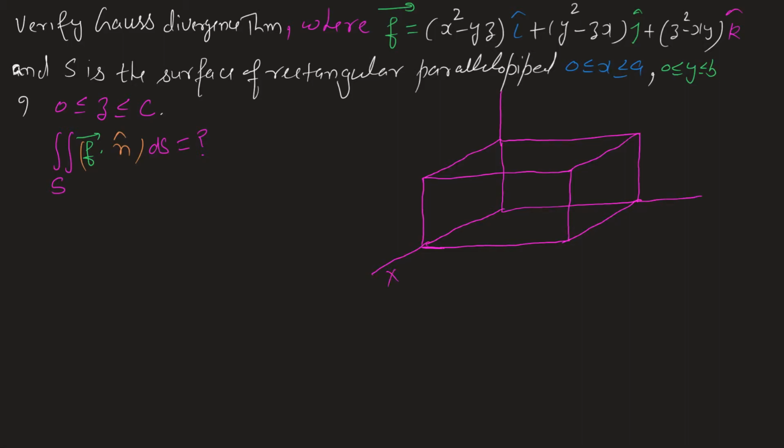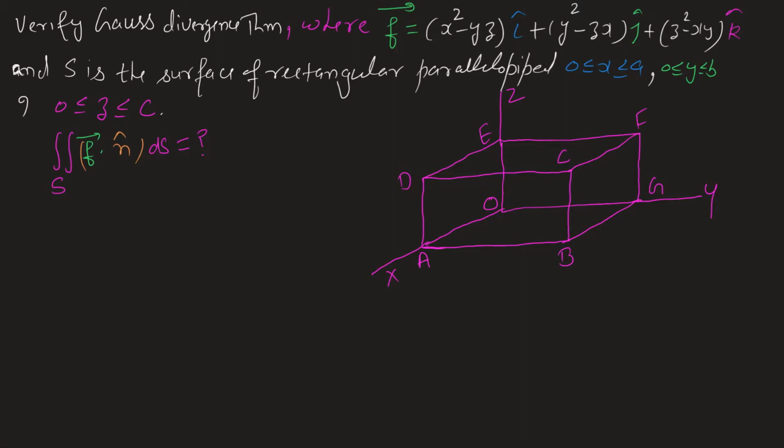Say this is the x-axis, this is origin O, this is the y-axis, this is the z-axis. So I have drawn the parallelepiped and named it A, B, C, D, E, F, and this is G.